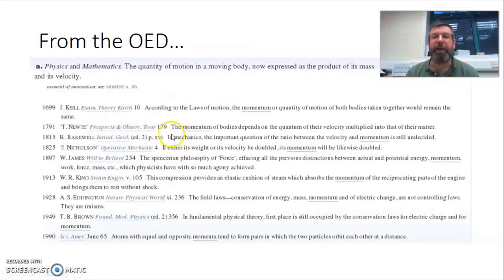And you'll see here the momentum of bodies depends on the quantum of their velocity multiplied into that of their matter. It doesn't mean quantum mechanics here. It just means the quantity of the numerical value of their velocity multiplied into that of their matter, which in modern language would be mass in kilograms or something.